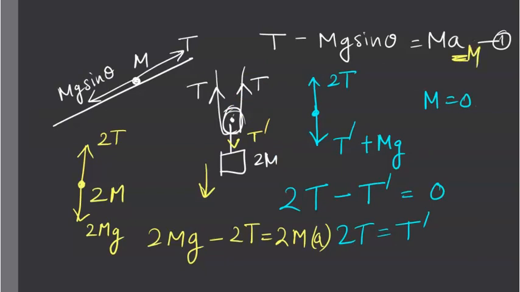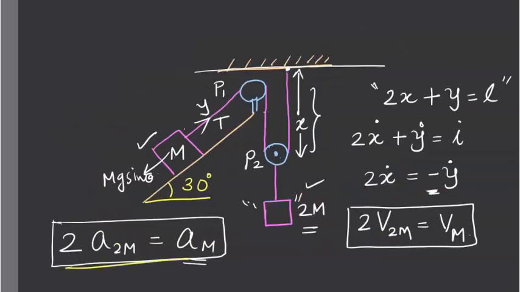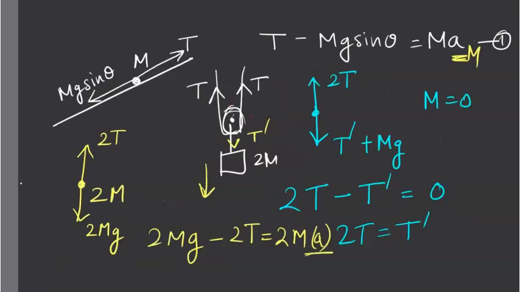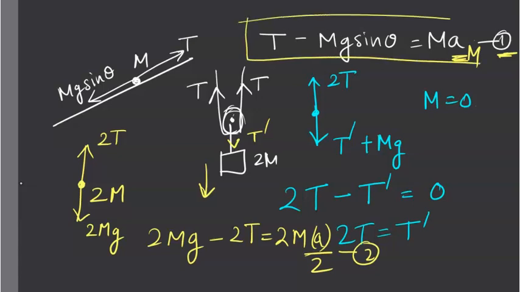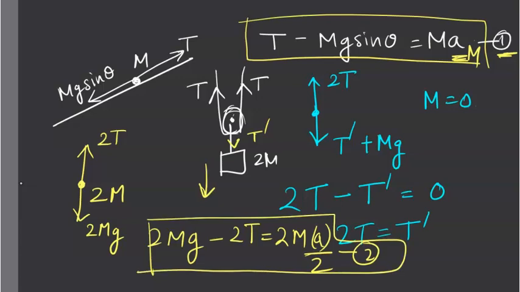So the acceleration of mass 2m, from this relation, will be half of that of m. So here not a, it will be a by 2. Now this is the second equation and this is the first equation. If you solve both these equations, you will get the tension and the value of acceleration both.